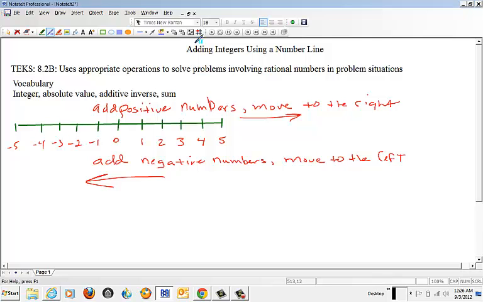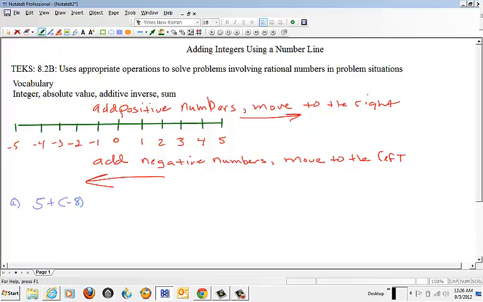Let's do problem A: 5 plus a -8. I put parentheses there so we don't get confused on the signs.